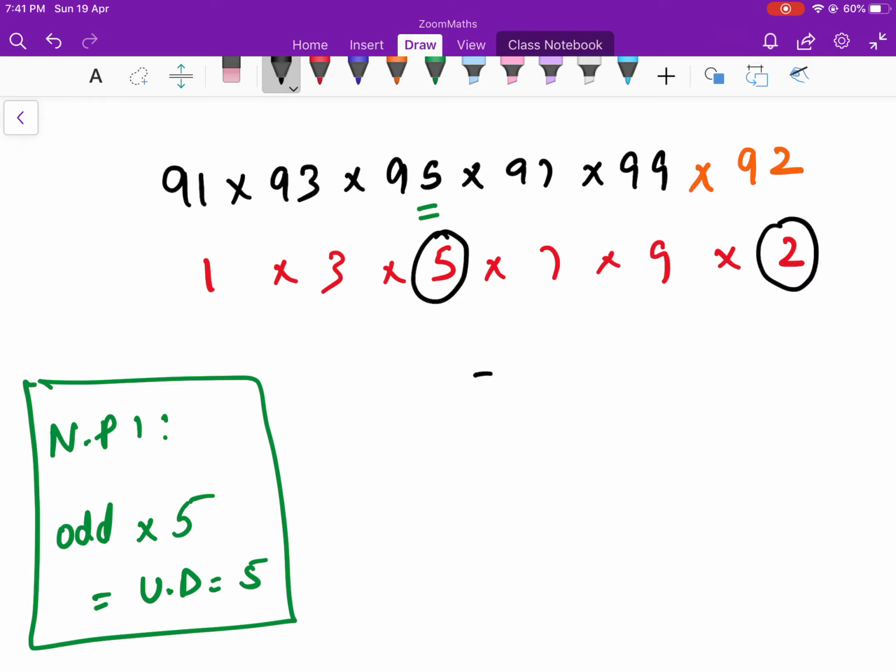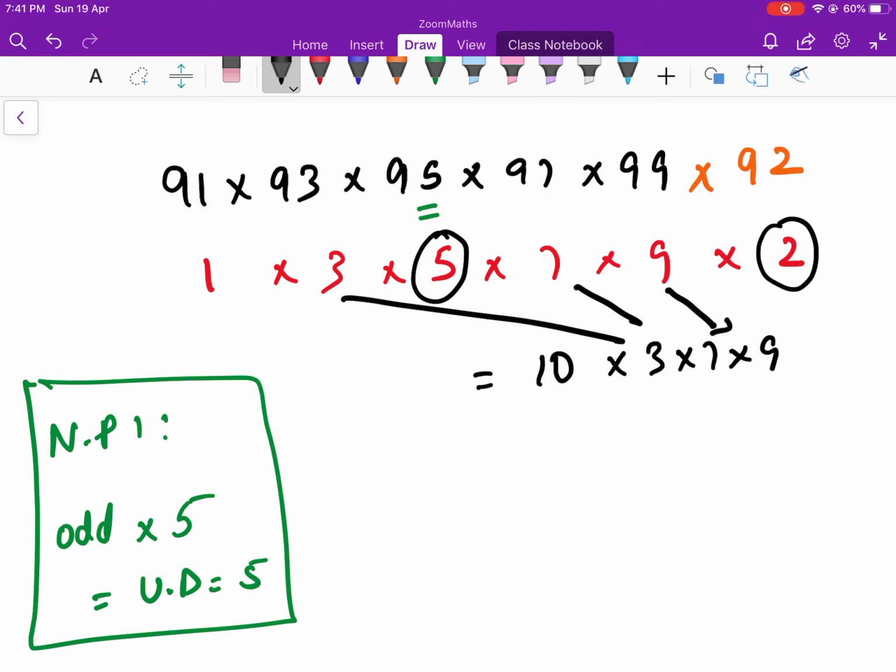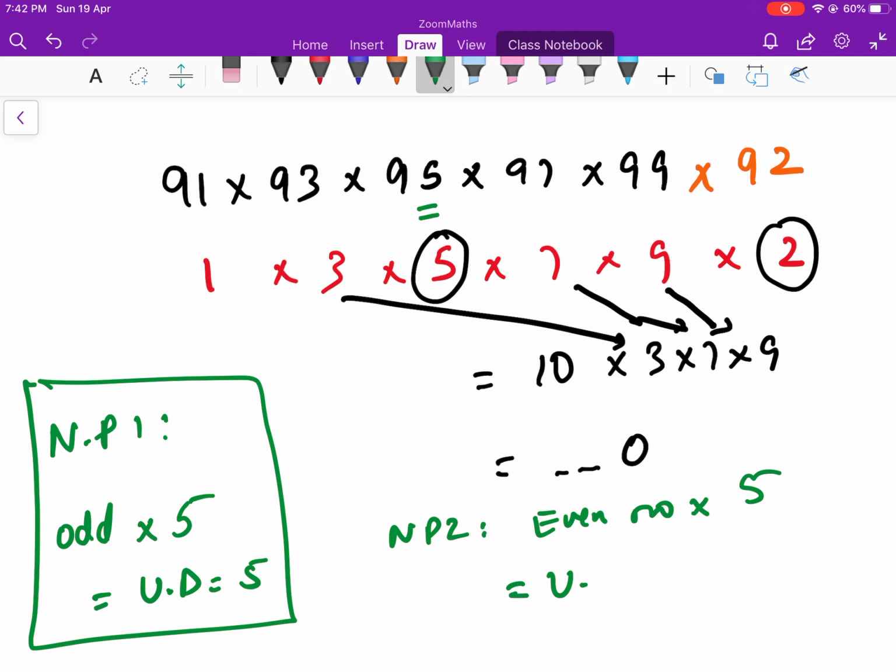This is going to give you 10 as one of the products, into 3 into 7 into 9. So if you have 10 into something, there's always a unit digit ending in 0, right? So when you have an even number, the next note point is: even number into 5, always the unit digit is going to be 0.